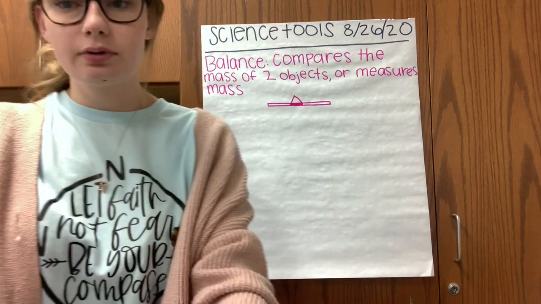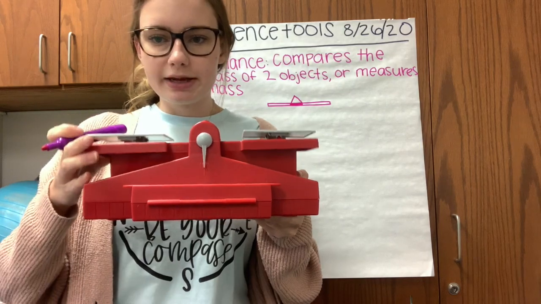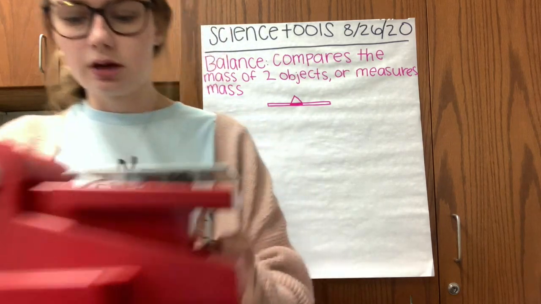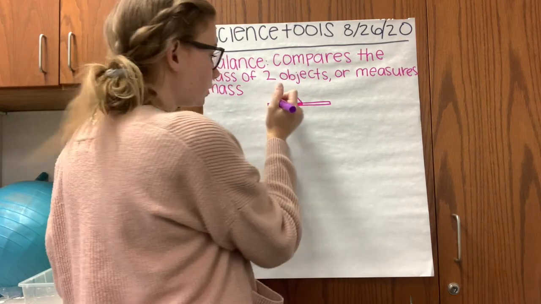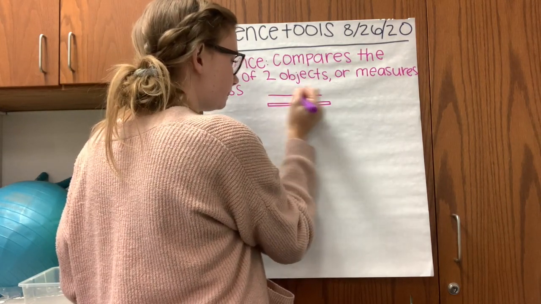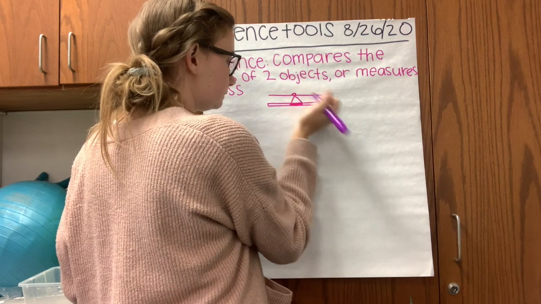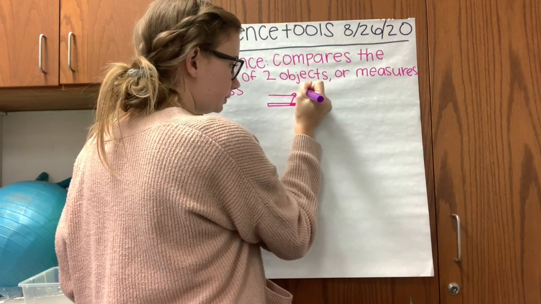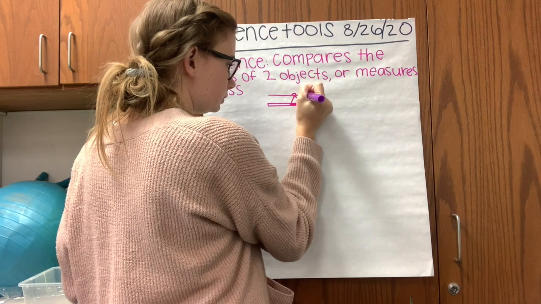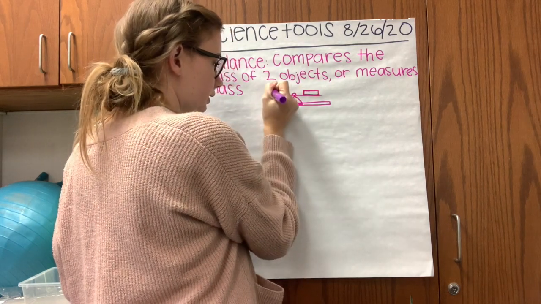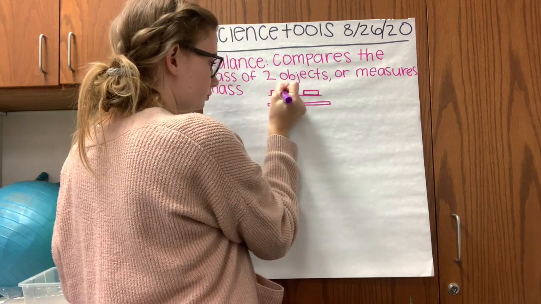And on top, it has the two plates where the objects go. So we need what holds them together and a plate on this side and a plate on this side.